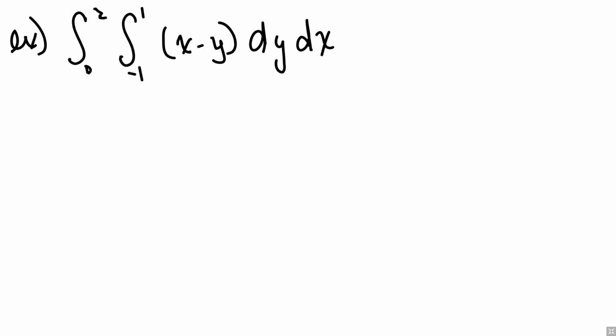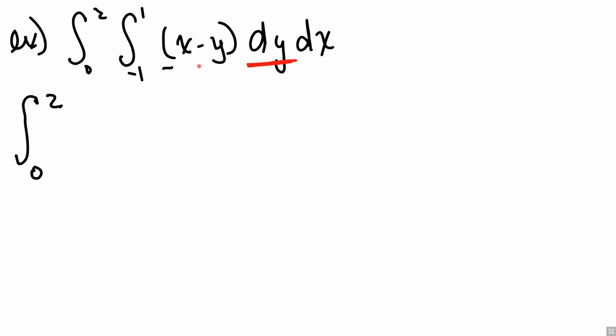Okay, so if I do this problem, whatever is first, this tells me this is what I'm going to integrate with respect to first. So what I'm going to end up with is the integral from 0 to 2. That stays.